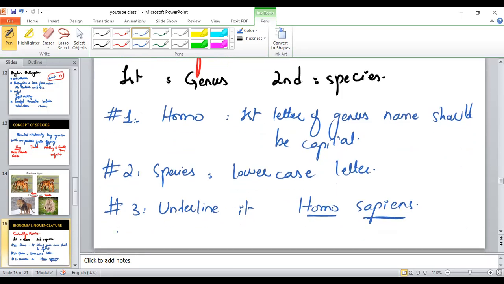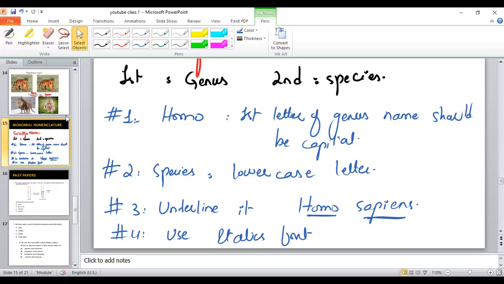And if you are typing it, use the italic font. So these are the rules which are applicable when we are writing the scientific name of living organisms. So this is all about today's lecture.